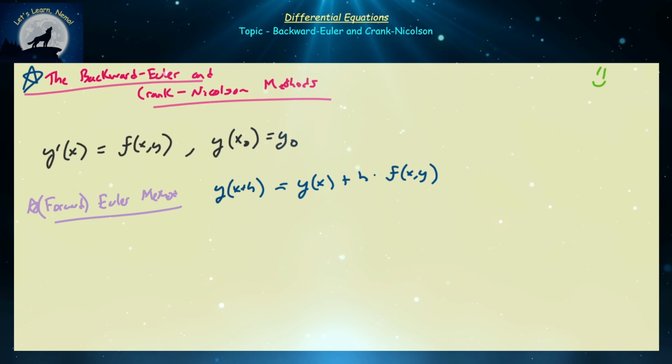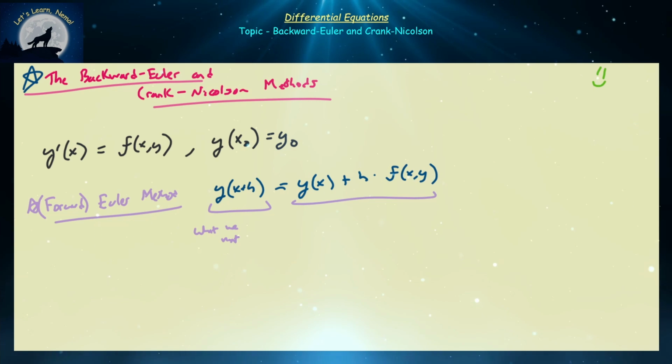And the important thing that I want you to realize is that the left-hand side is what we want in this particular calculation, and on the right-hand side, this is what we know.